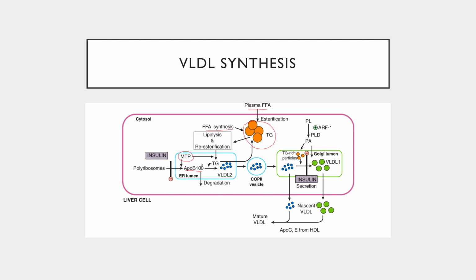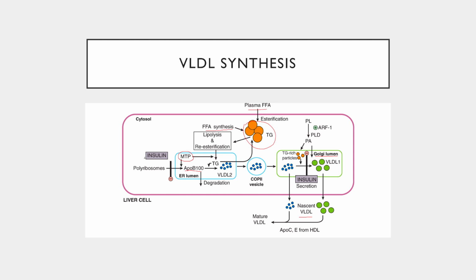Following the acquisition of our apoprotein, we then begin to load our VLDL particle with our lipids. These particles are then trafficked to the Golgi, just as we looked at earlier, where they undergo several modifications and begin to mature into our nascent VLDL particles, which are secreted from the liver into circulation.